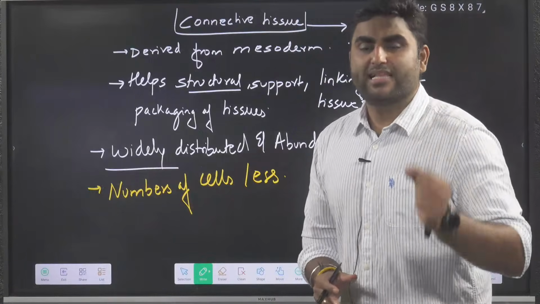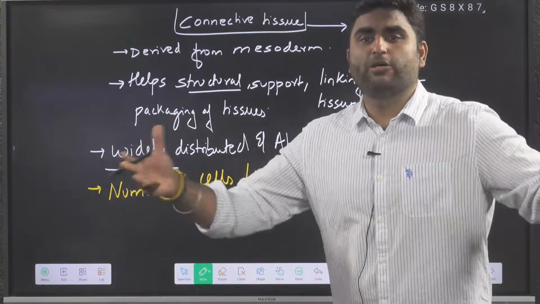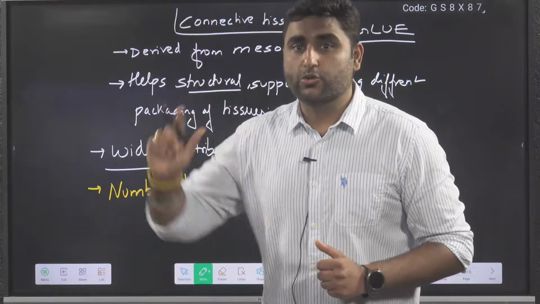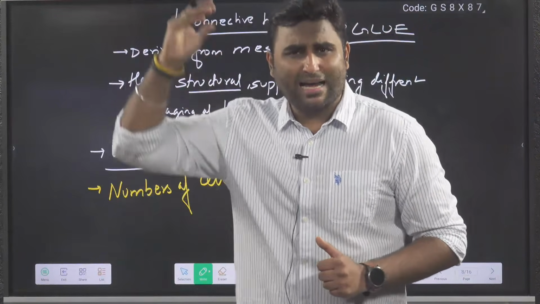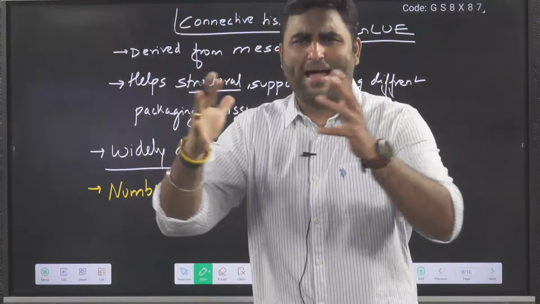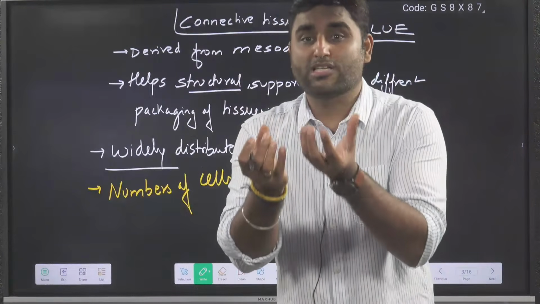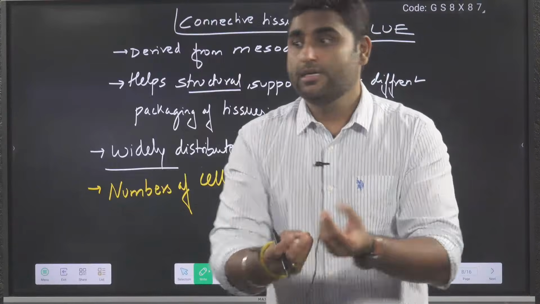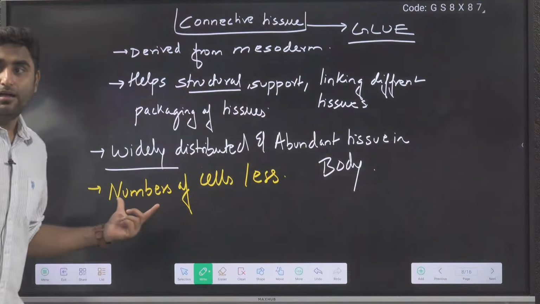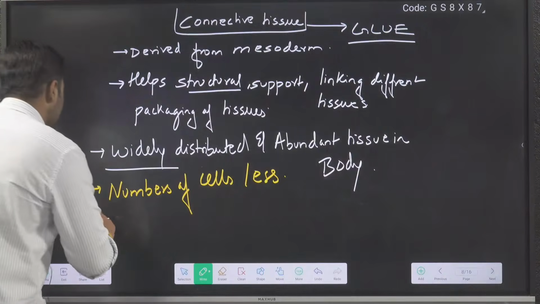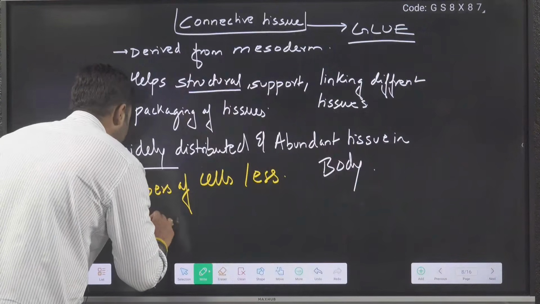If the number of cells is less, the space between the cells will be more, exactly opposite to epithelial tissue. Epithelial tissue has a high number of cells, tight packing, and little intercellular substance. Here there are very few cells, so intercellular space is very high.